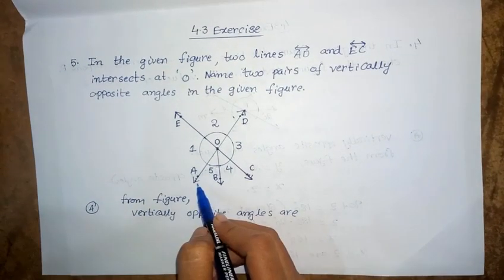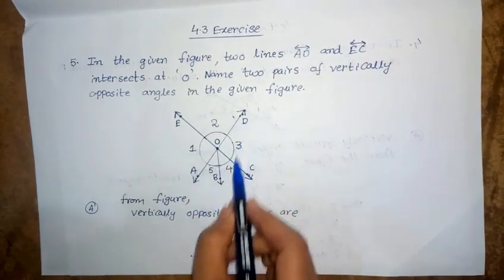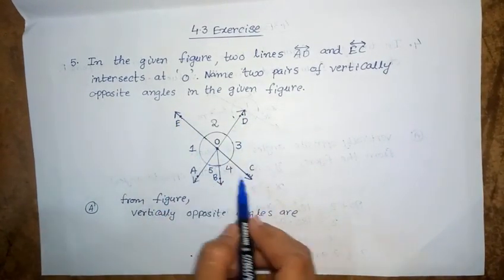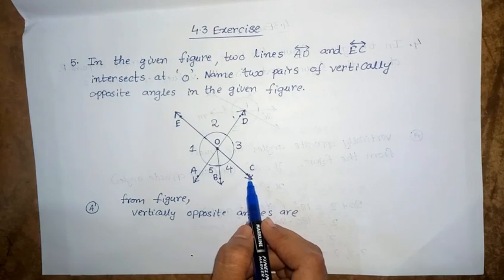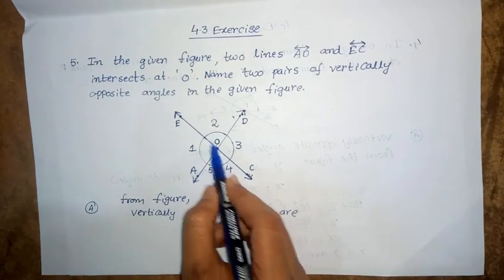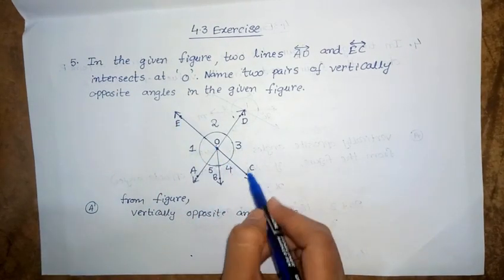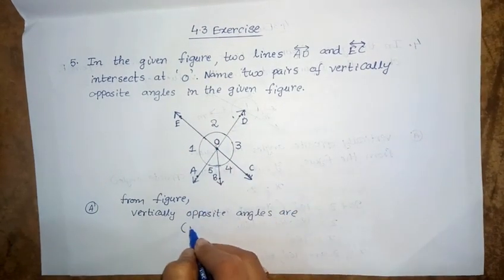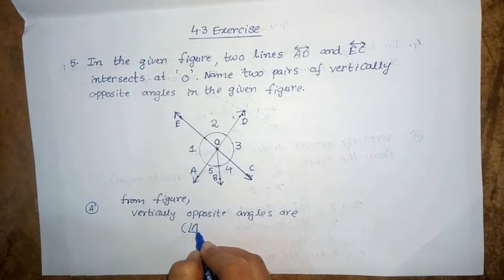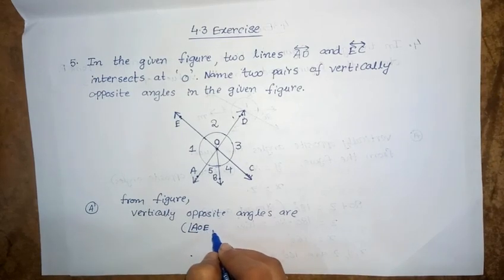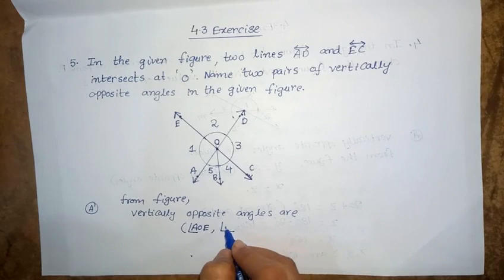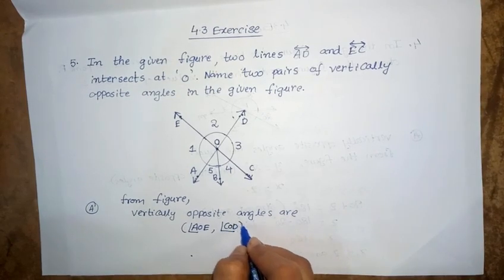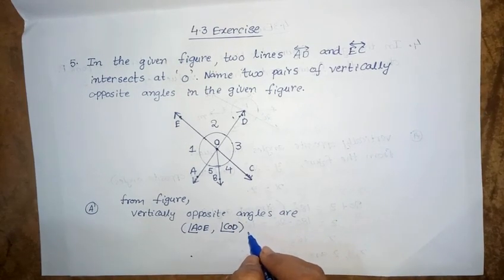In this figure the line AD and the line CE are two straight lines. Now angle AOE, the vertically opposite angle is angle COD. Angle AOE, angle COD. These two are one pair of vertically opposite angles.